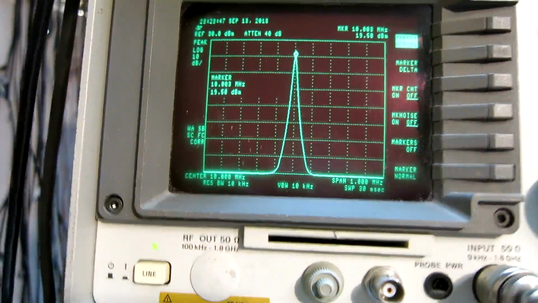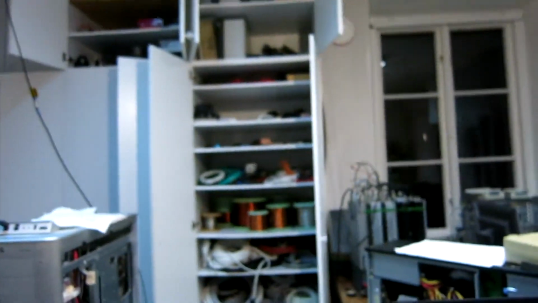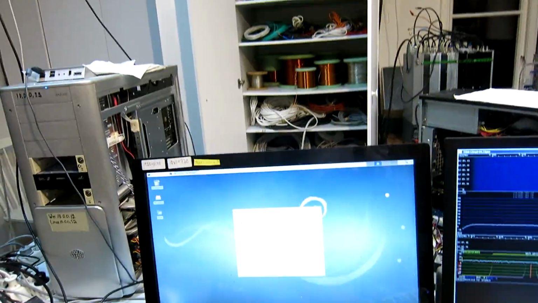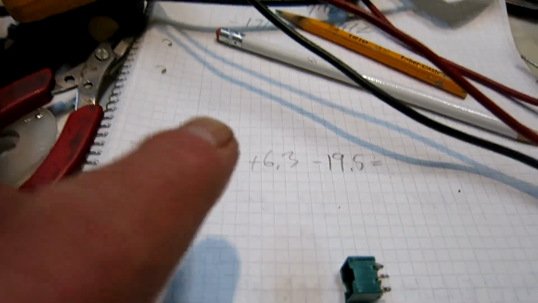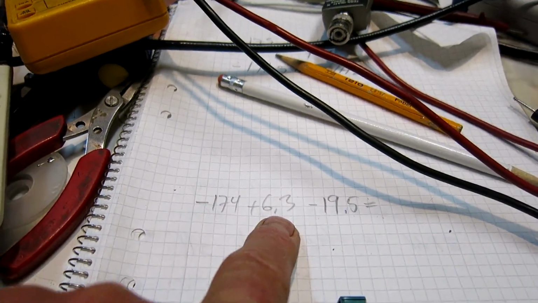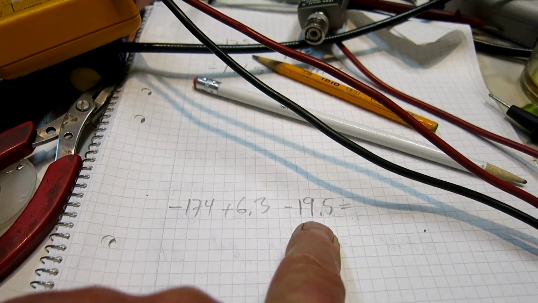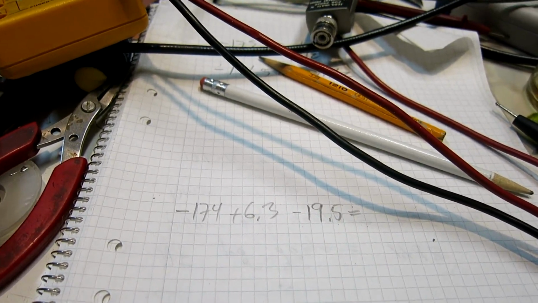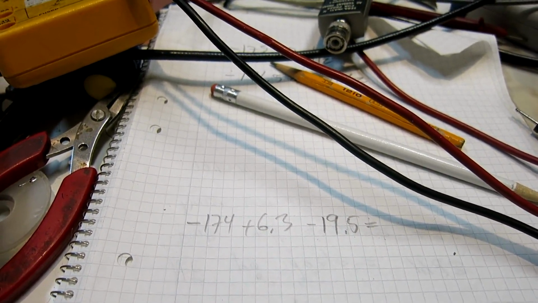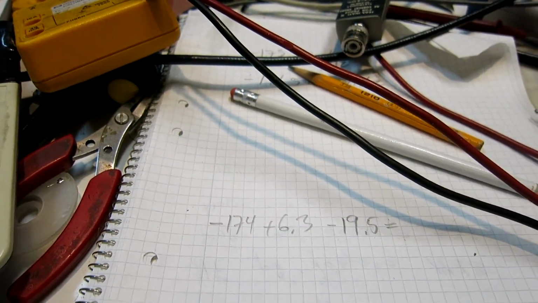So the dynamic range, the sideband noise level is at minus 174 room temperature plus the noise figure minus the power level 19.5, and that comes out as minus 187.2 dBc per hertz.